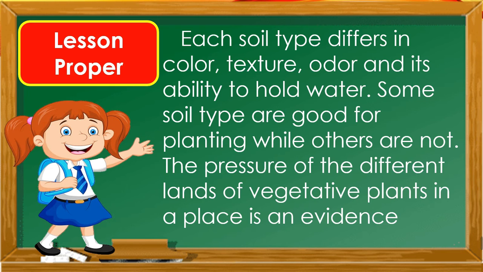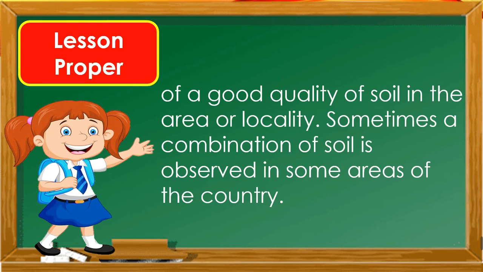The presence of different vegetative plants in a place is evidence of good quality soil in the locality. Sometimes, a combination of soil is observed in some areas of the country.